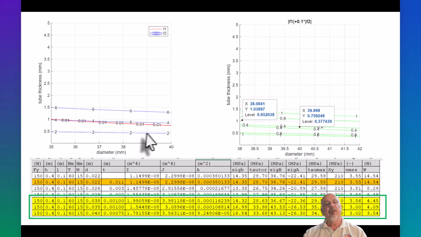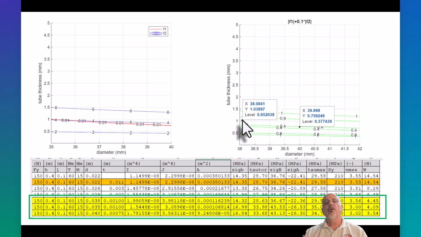But anyway, I did a couple of things here. I looked at the 38 and the 1 again. And this is over here. So this is going to be F1 plus a tenth of F2. So that's that objective function I was telling you about.